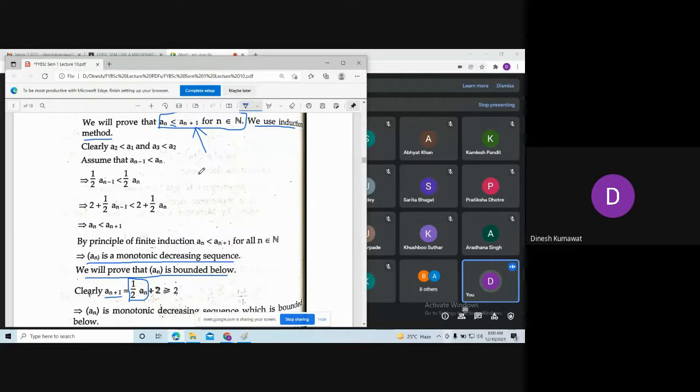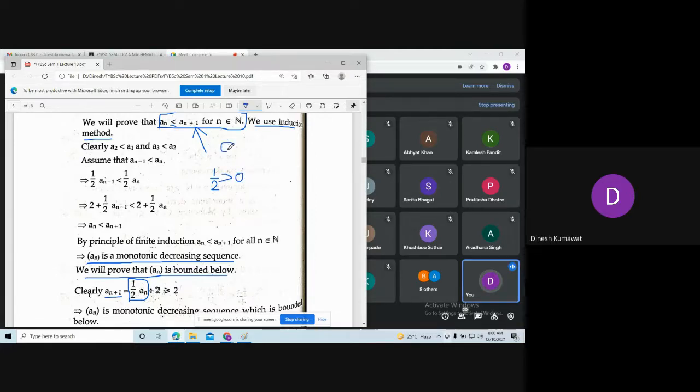Okay, first of all, tell me what we know about 1 by 2. What is 1 by 2? Is it bigger than 0 or less than 0? Bigger than 0.